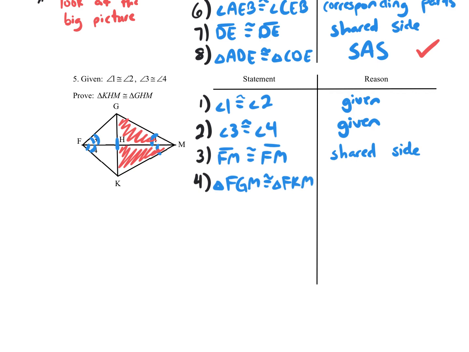Angle side angle. So we just proved the big picture. If it helps, draw yourself a little line here. What was the whole point of proving the big picture? The whole point of proving the big picture was to help us with our main proof here.